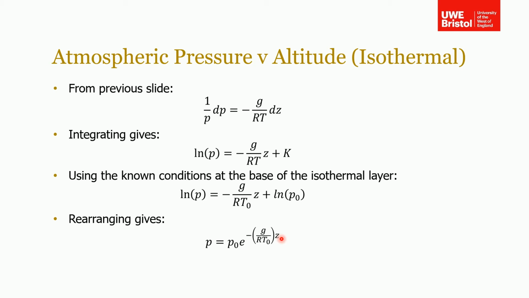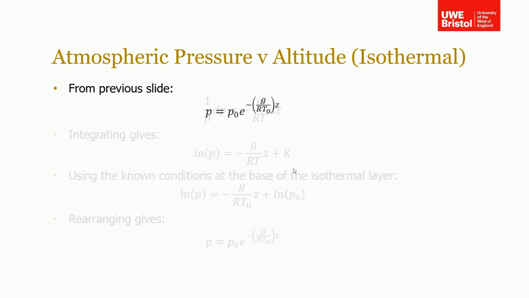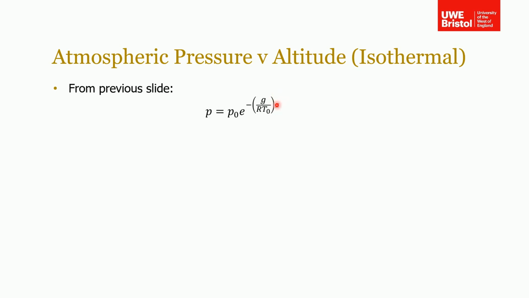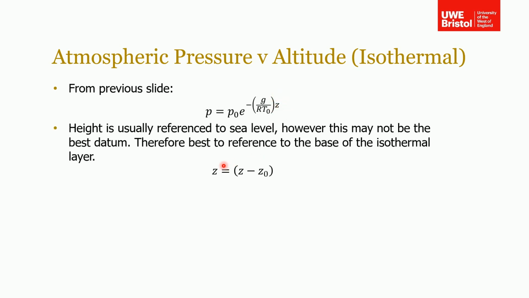But we need to be a little bit careful here, because the altitude itself shouldn't be taken from sea level. That's not where it has to be. The altitude really should be taken, and this might not be the best datum, from the base of the isothermal layer.